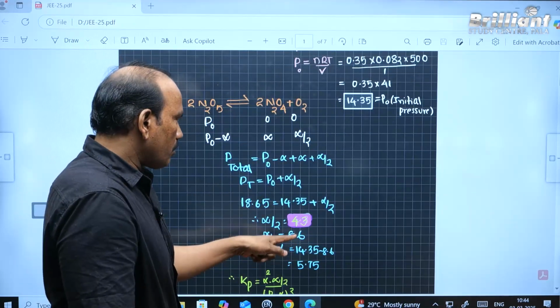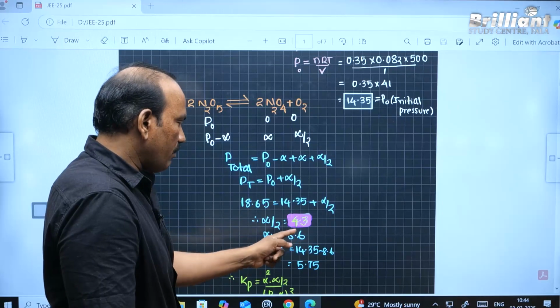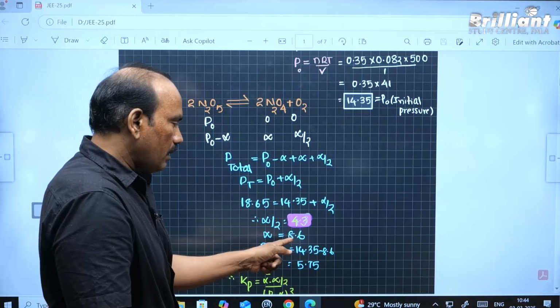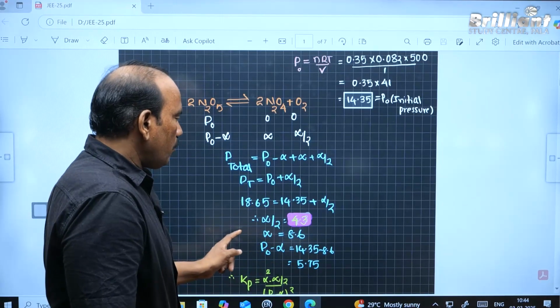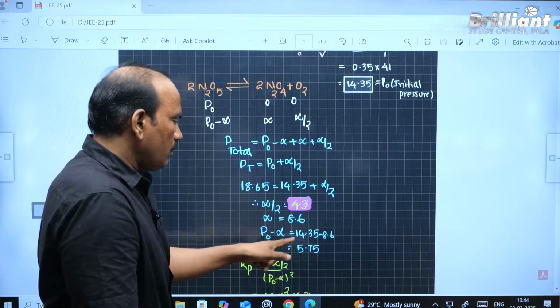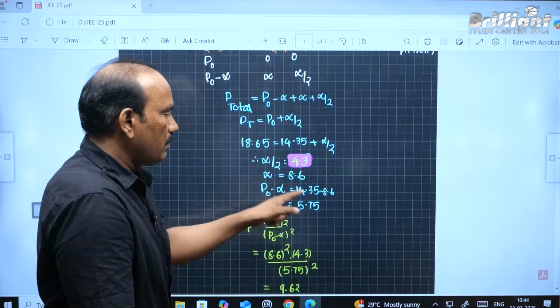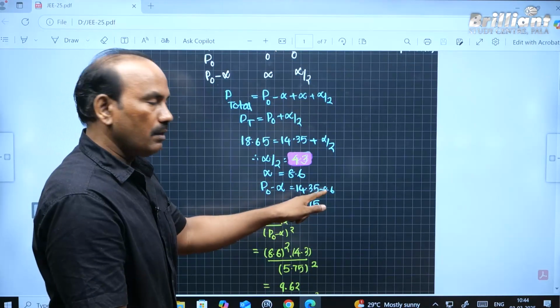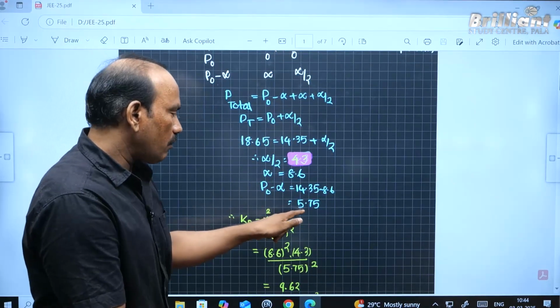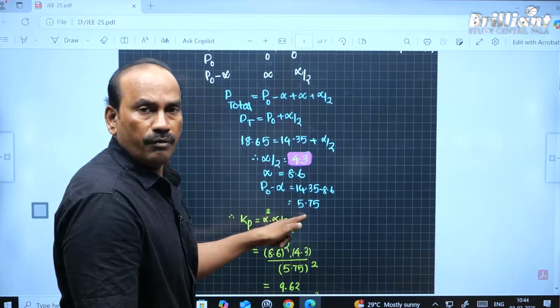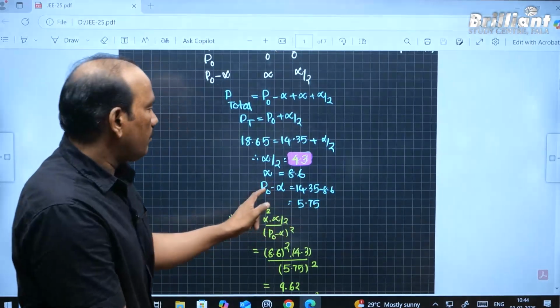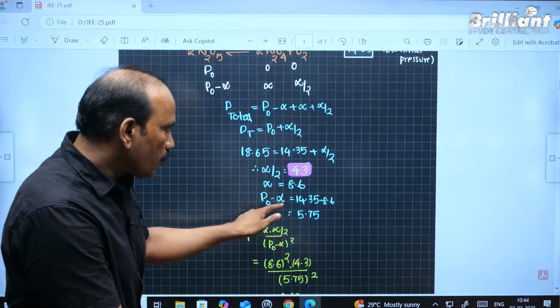Alpha value equal to its double, then 8.6. Now, P0 minus alpha equal to 14.85 minus 8.6. Total value equal to how much? 5.75 bar for P0 minus alpha.